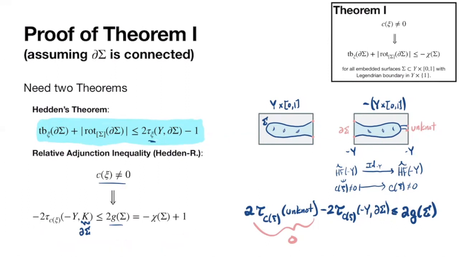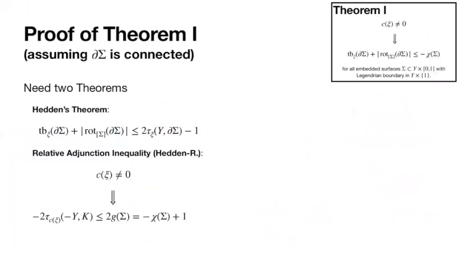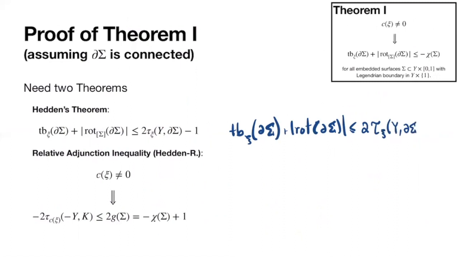Now let's finish off the proof. It's really just stringing these two inequalities together. I have TB xi of the boundary of sigma plus the rotation number of the boundary of sigma, which is less than or equal to twice tau xi of y, boundary sigma, minus 1. Remember, I told you that this tau invariant is equal to minus the tau invariant associated to the contact invariant of minus y of the same knot.